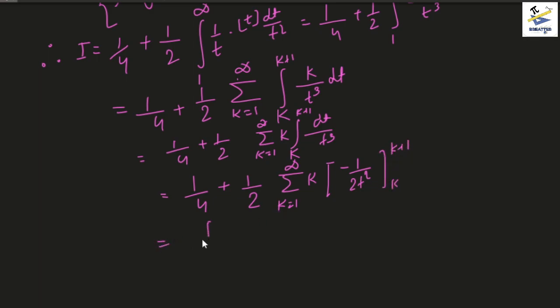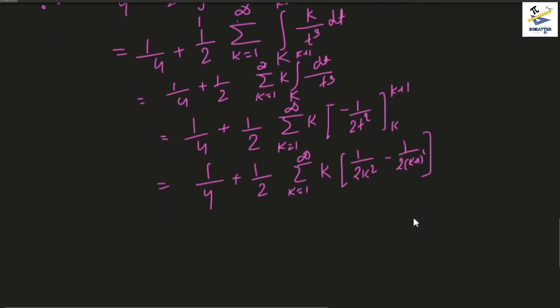This means it is equal to 1 by 4 plus 1 by 2 summation k equals 1 to infinity of k. Now what you do is you put the lower limit first, which is 1 by 2k square, and you put the upper limit next, which is 1 by 2 into k plus 1 whole square.